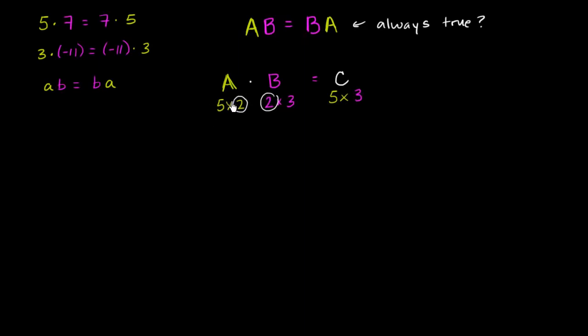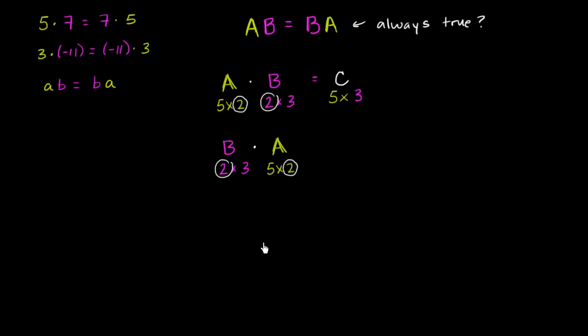And once again, I encourage you to pause the video. So if you were to take B, let me copy and paste that, and multiply that times A. So I'm really just switching the order of the multiplication. What is this right over here going to be equal to?